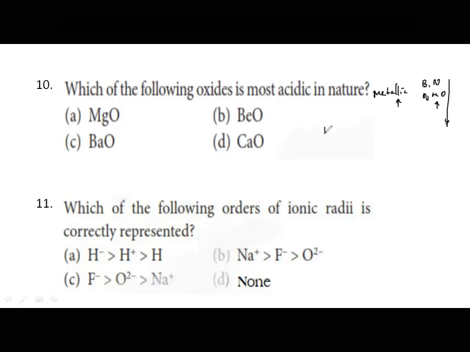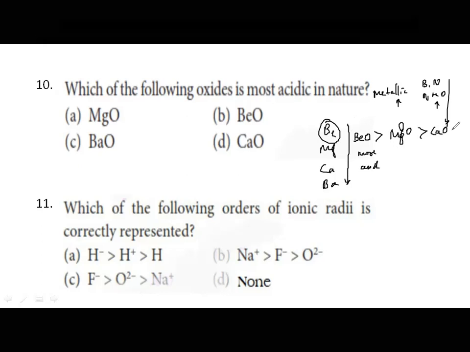So beryllium, magnesium, calcium, strontium, barium we have. So basic nature is increasing down the group means what? This is more acidic. Then we have magnesium oxide, which is actually amphoteric.